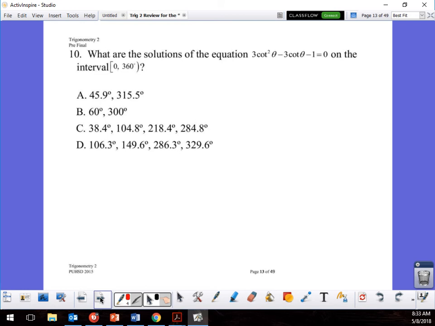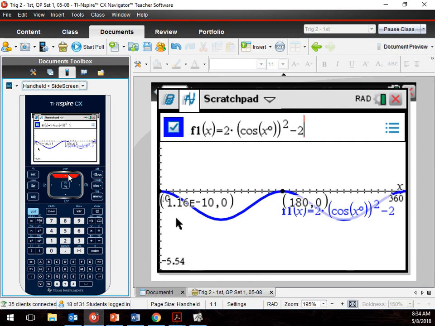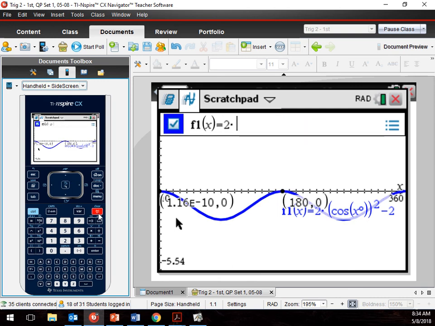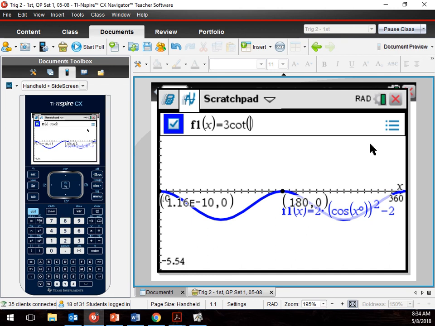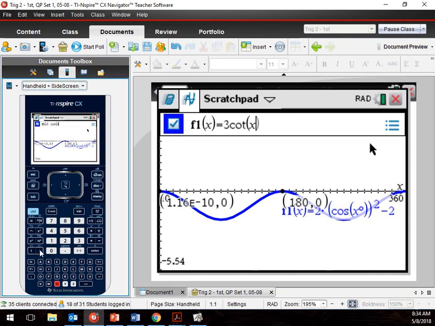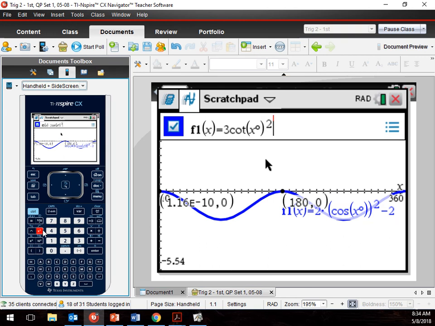Let's see. 3 cotangent squared, 3 cotangent. Is it minus cotangent?